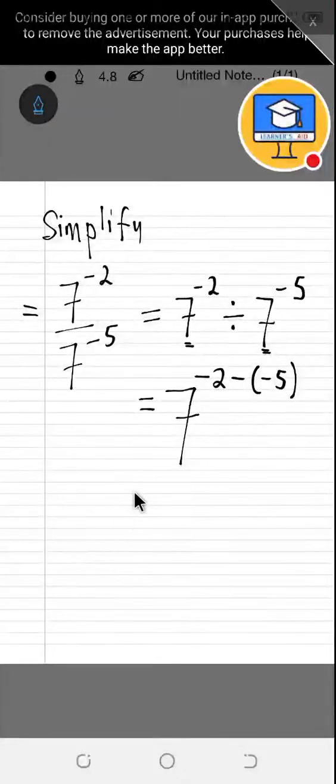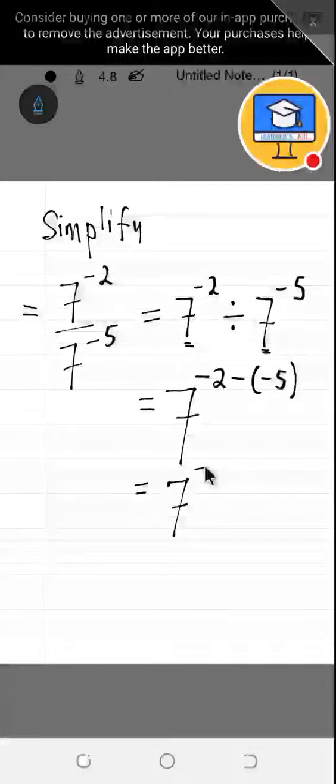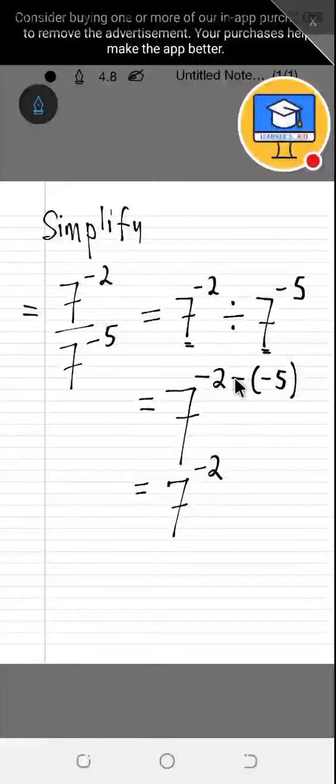Good. 7 to the power negative 2 minus negative 5. And what do we know about simple arithmetic? If two negative signs are next to each other, it becomes positive. So you have plus 5.